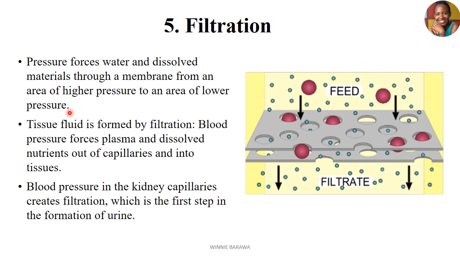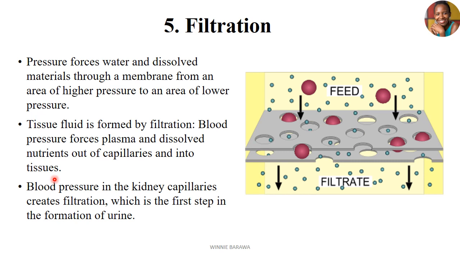A good example is tissue fluid, which is formed mainly by filtration. This happens because blood pressure most of the time can force plasma and dissolved nutrients out of the capillaries into the tissue spaces.